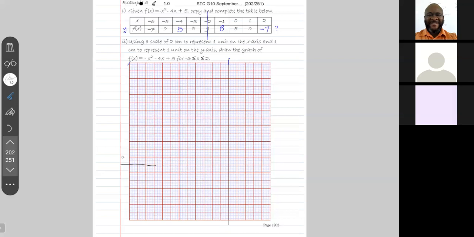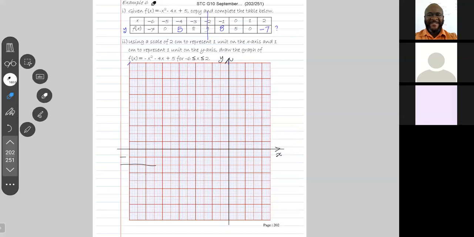It's too precise. All right, 2, 4, 6, 8, 10, 12. So about here is good. 9 and minus 7. So this is my x-axis, and this is my y-axis.